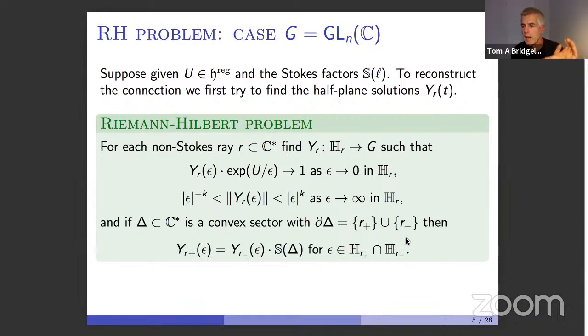So we know how to compare solutions for different half planes. This is saying that if I take some convex sector and I have two of these non-Stokes rays, then the relation between these solutions should be the product of the Stokes factors for the rays in that sector. I did introduce that notation at some point, but it's a long time ago by now.